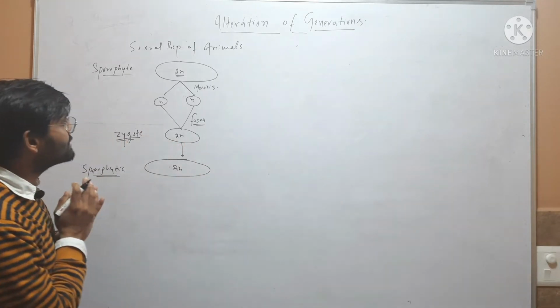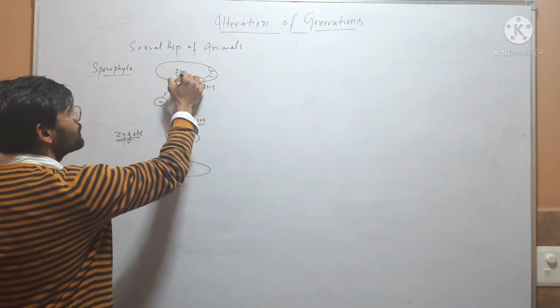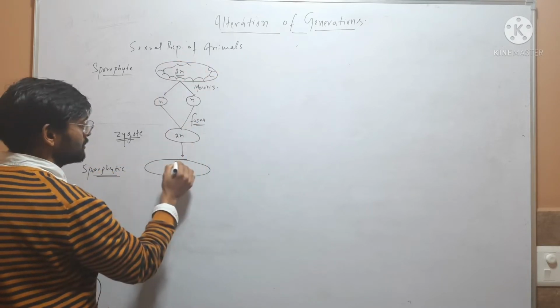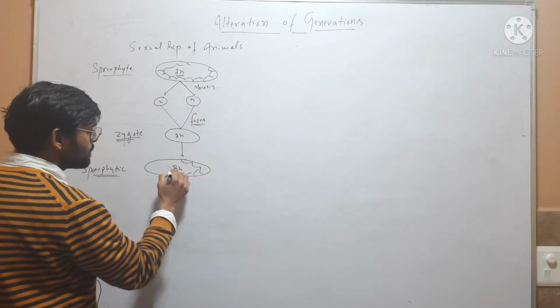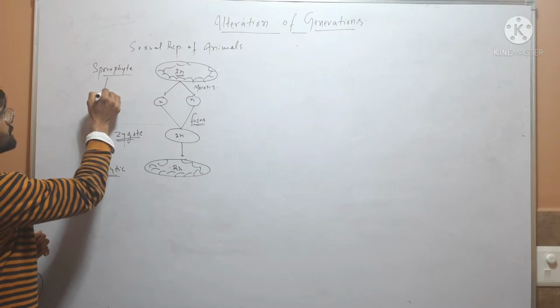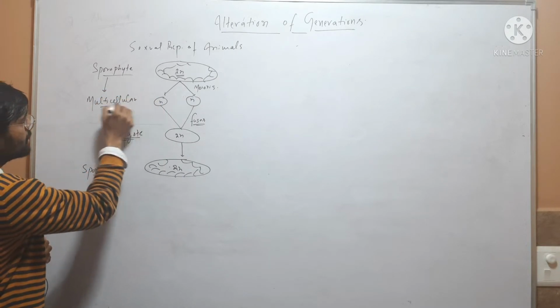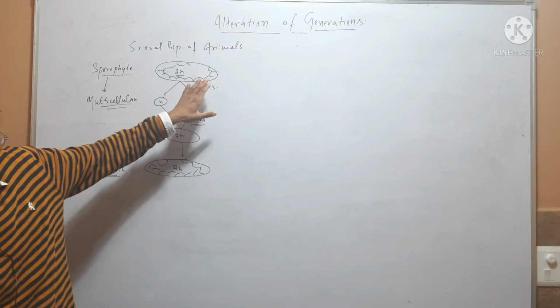Here you can see that this 2n body is multicellular, composed of many cells.